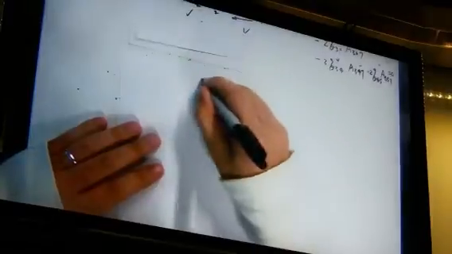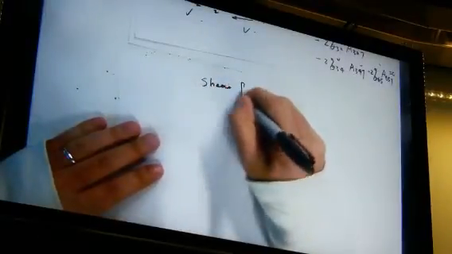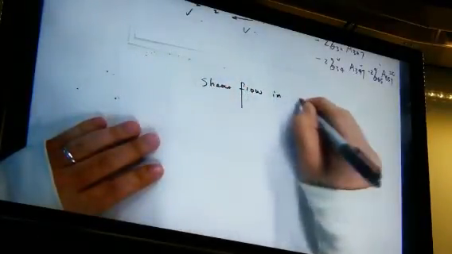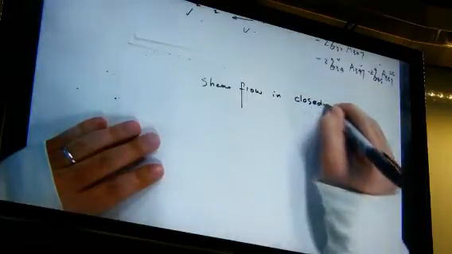And then we come to closed section. Shear flow in closed section beam.